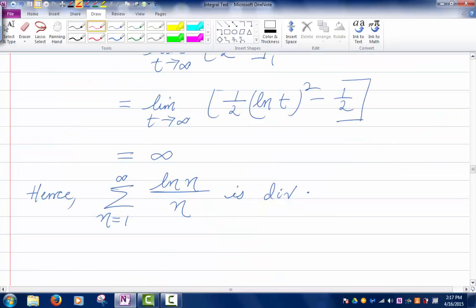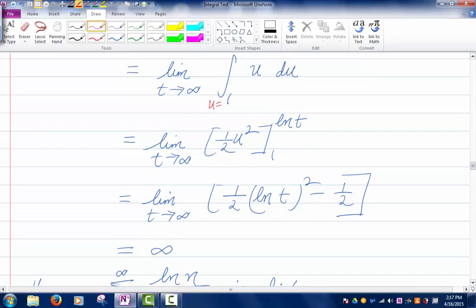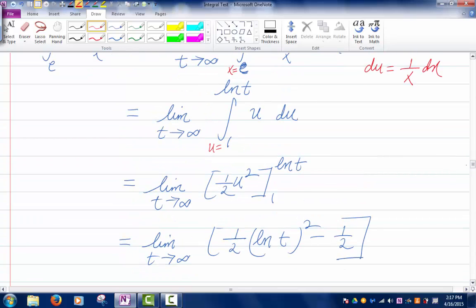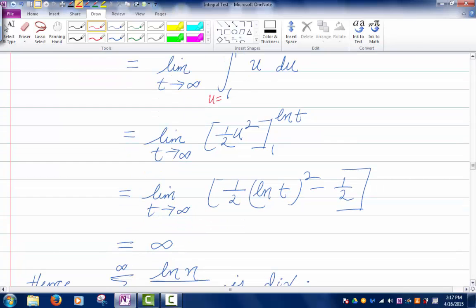Now what's the antiderivative of u? The antiderivative of u is u squared divided by 2. Now you plug in ln of t and 1. If you do that, you get half ln of t squared minus half. And then as t goes to infinity, what is that? Infinity.